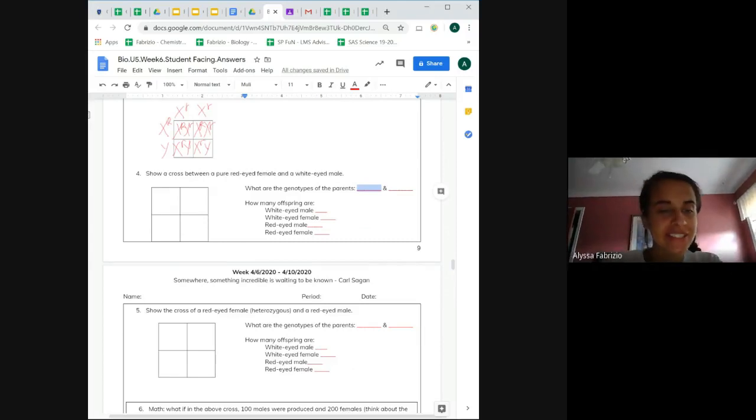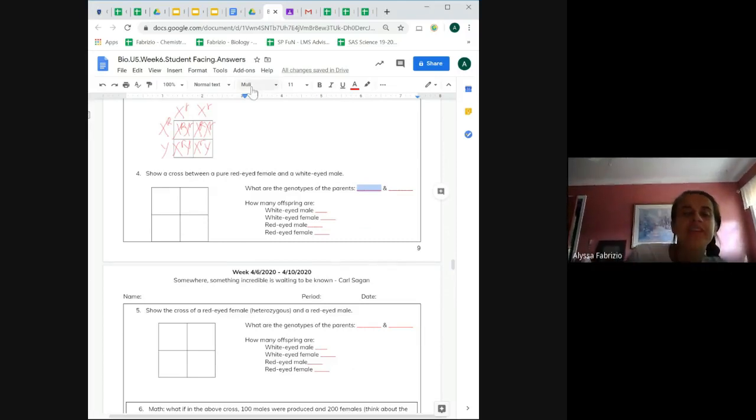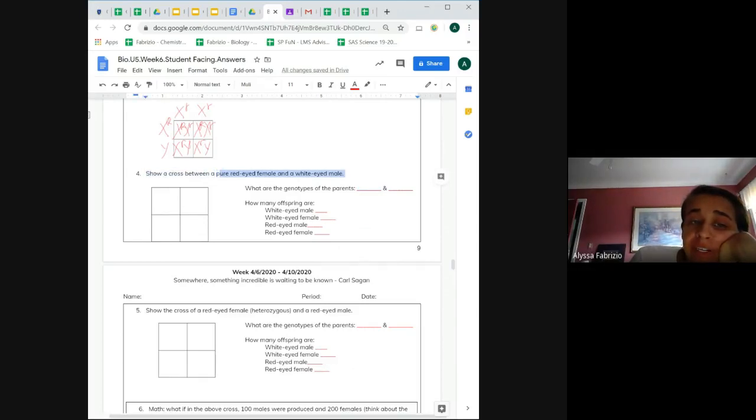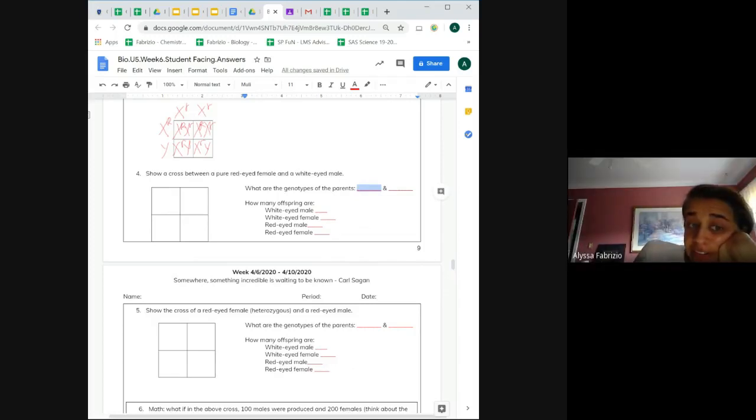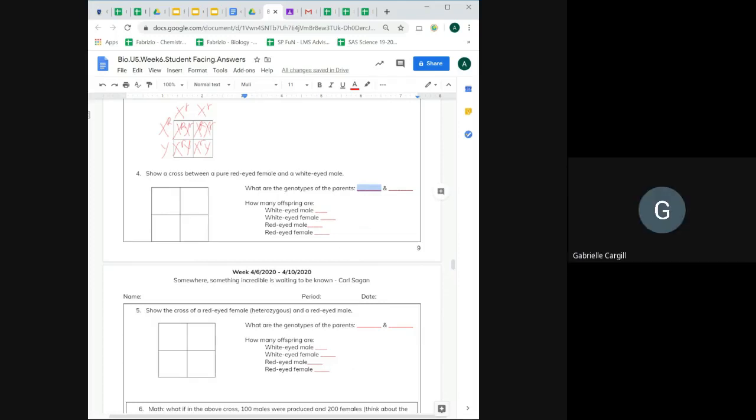Okay, you guys. So now our next one wants us to show a cross between a pure red-eyed female and a white-eyed male. So what do we think that pure red-eyed female would mean? Red is dominant. Okay, good. So is it homozygous or heterozygous? Homozygous. Very good.